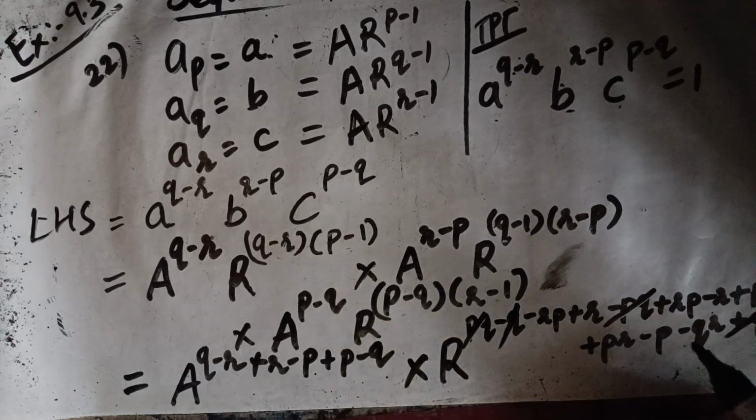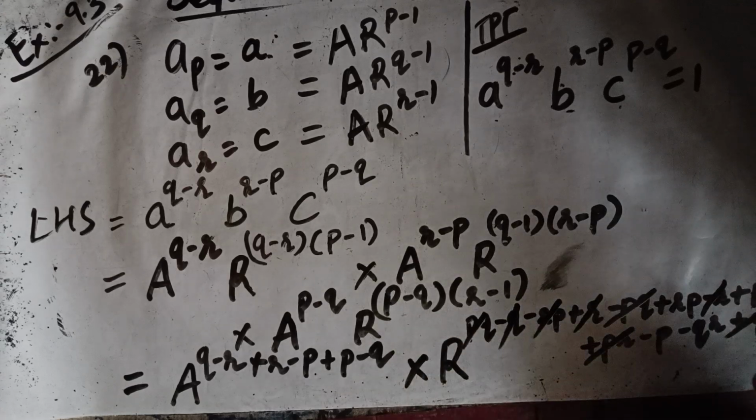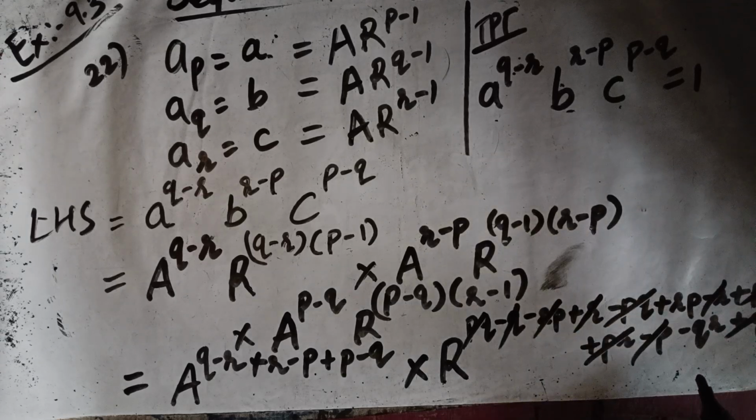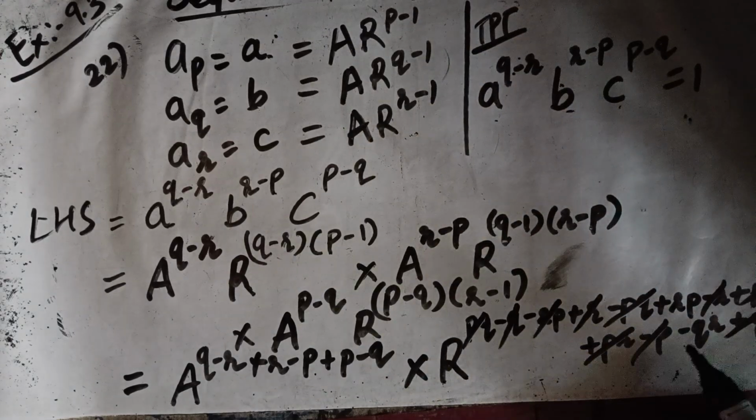Plus Q minus Q. So RP minus QR remains. No, it should be 0 because we want 1, right?